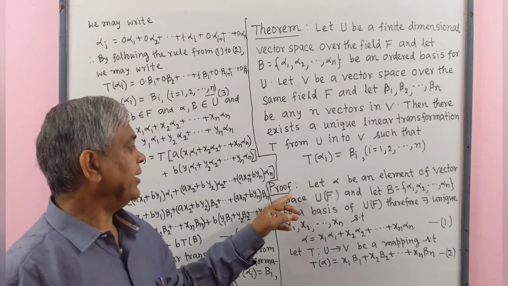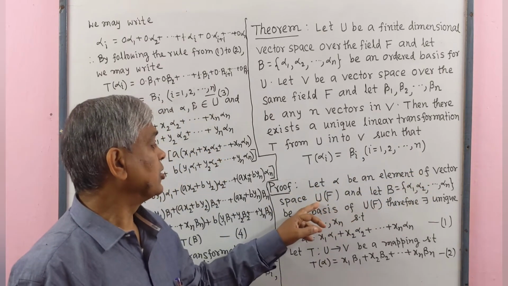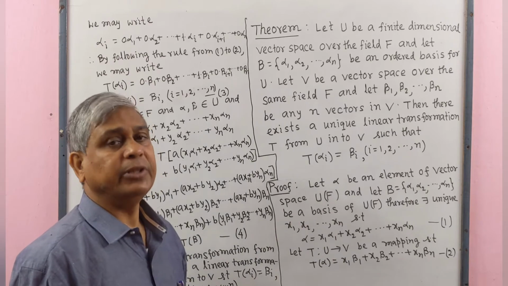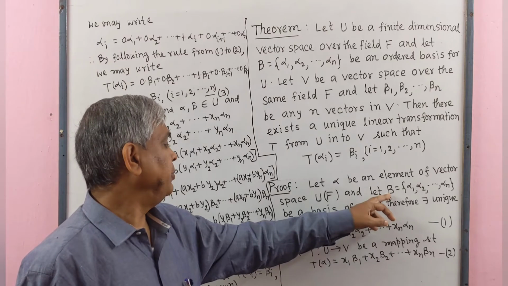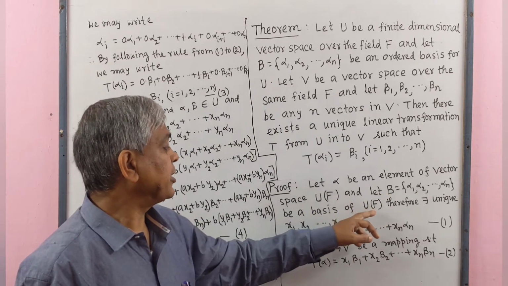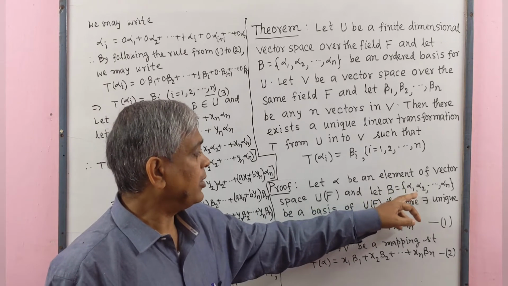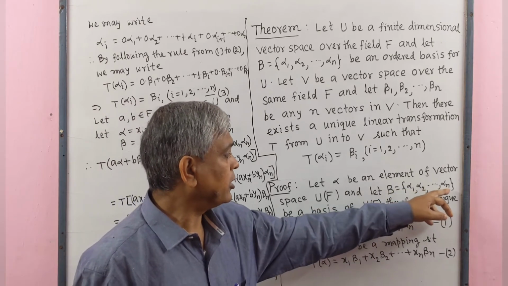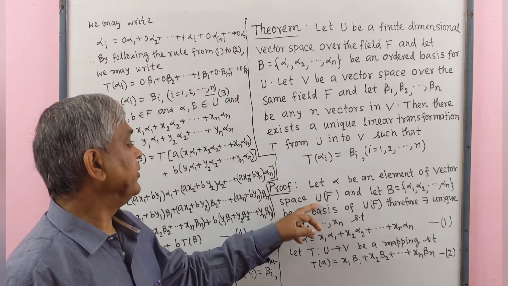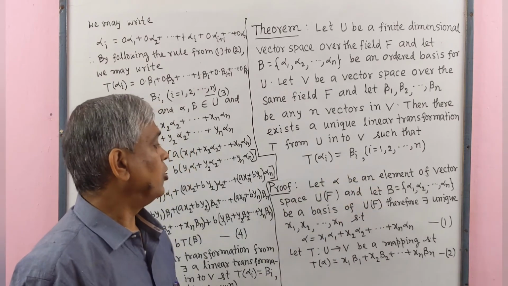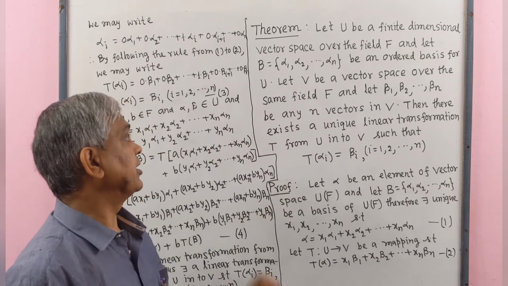Proof. Let alpha be an element of a vector space U(F). F be the field. And B be a basis of vector space U(F), which contains vectors alpha 1, alpha 2, ..., alpha n. Therefore, U is a vector space of n dimensional, that is finite dimensional.